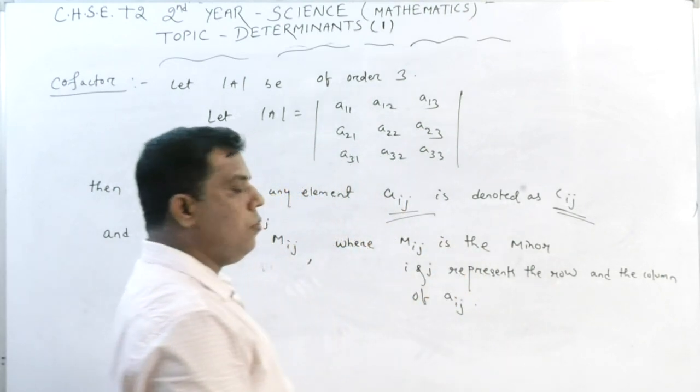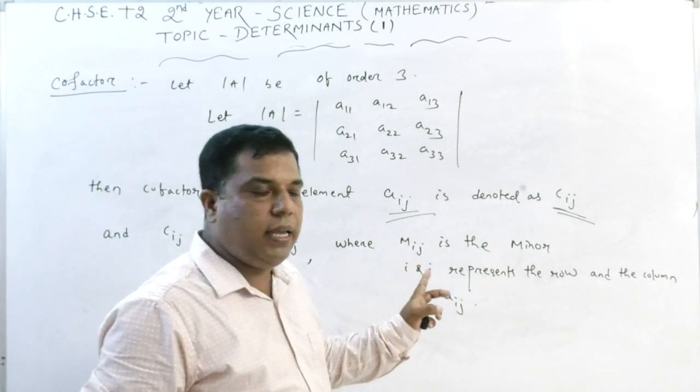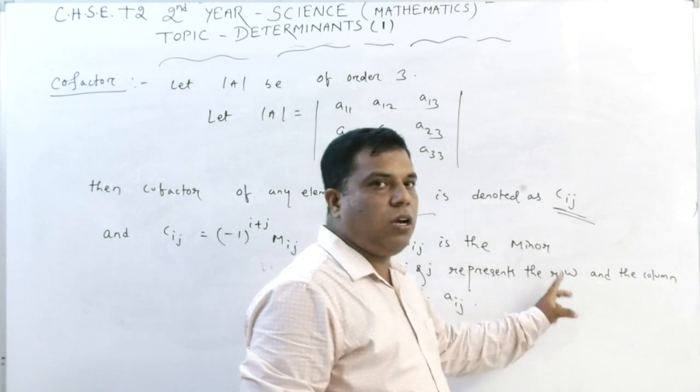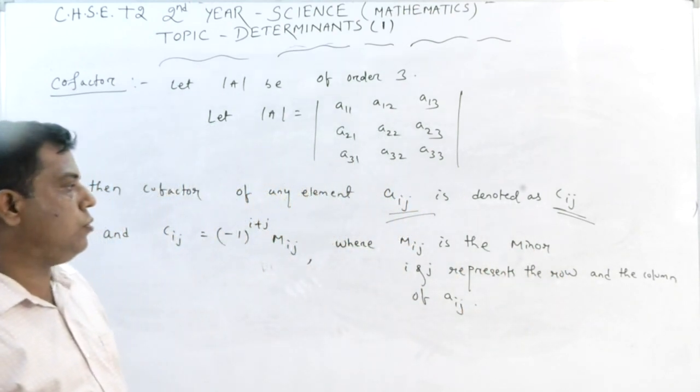Aij is present in which row? That is denoted as i. Aij is present in which column? That is denoted as j. It represents the position.